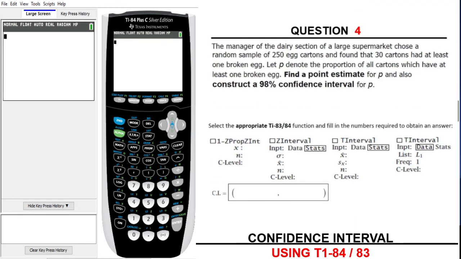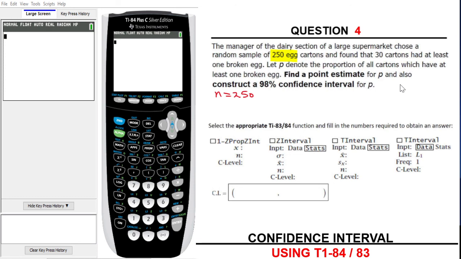All right, so in question 4, let me read the question first and then we will proceed from there. It says the manager of the dairy section of a large supermarket chose a random sample of 250 egg cartons, so we know our n is 250, and found that 30 cartons had at least one egg broken.